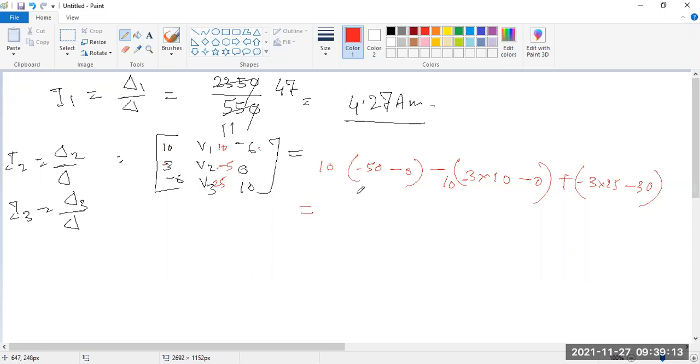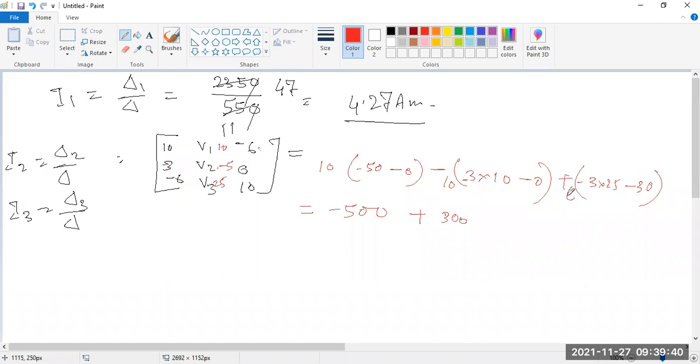It is ultimately coming here 500, here is plus minus 3 equal to plus 30, 300. Here is coming minus 75.